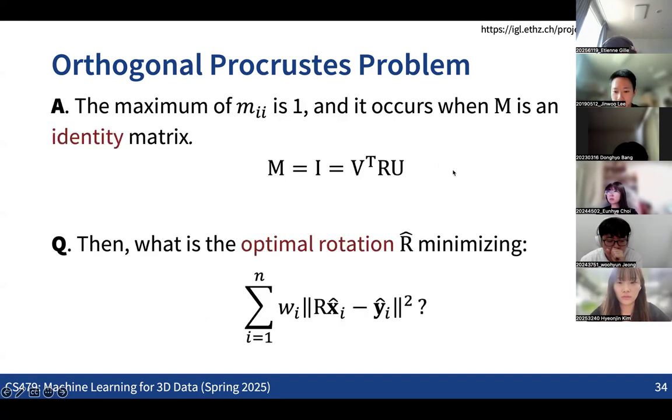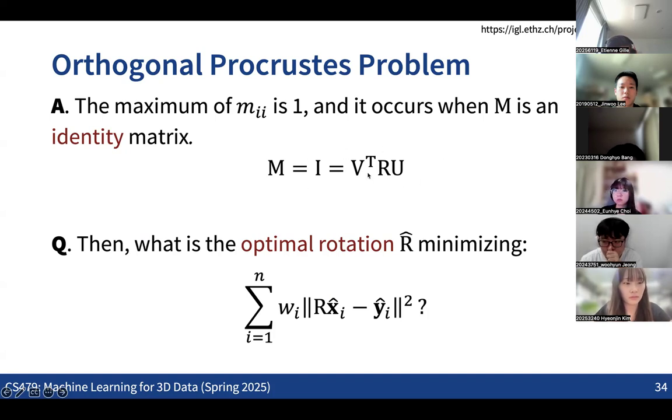So the condition to maximize the whole expression is making M the identity matrix. Based on that, now we can consider the best rotation, right? What's the best rotation? We are finding the rotation R which satisfies this condition.